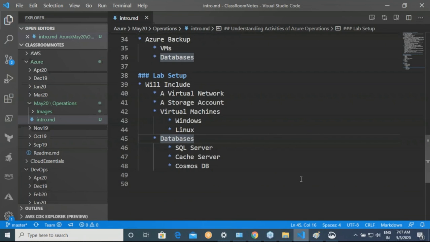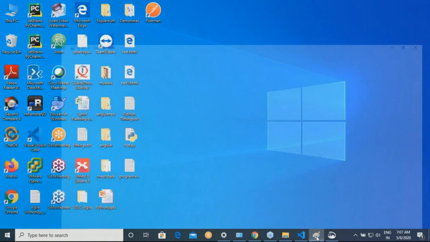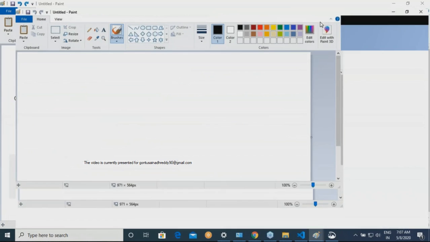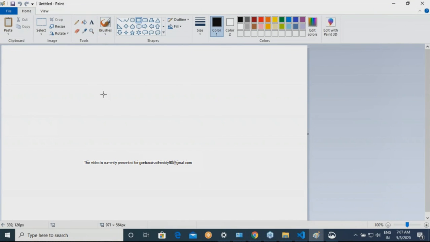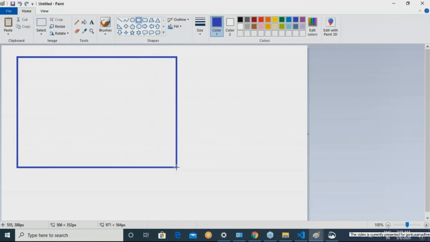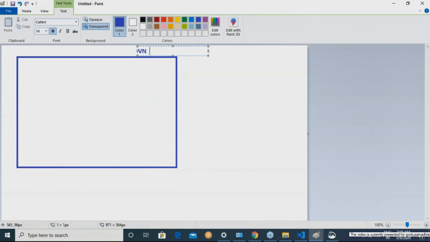Right. So let us get started. My setup is going to be, whatever I draw, I think we'll be drawing only the cloud setup. I am not going to draw the hybrid. So this will be my virtual network, and let us assume that we are doing it for Flipkart.